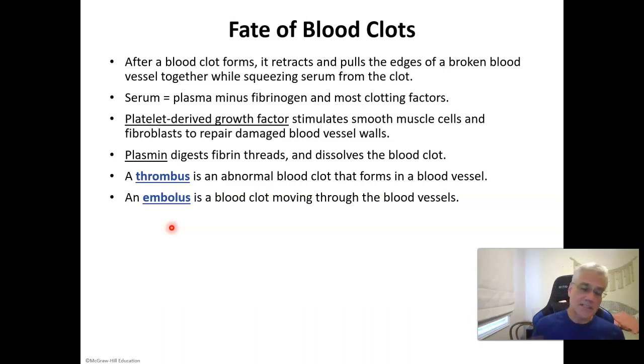If that traveling blood clot gets caught in a capillary in the lungs, it is called an embolus. And often, deep vein thromboses can result in pulmonary embolus. A moving clot is not a good thing. It's going to get stuck somewhere. So you would like blood clots to form where they need to form to stop the flow of blood, and not form where they don't need to be, and certainly not to move around.